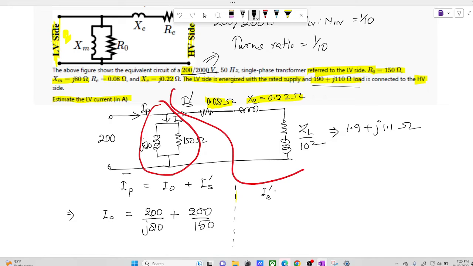I_s dash will be 200. So I naught is equal to 1.33 minus j2.5.